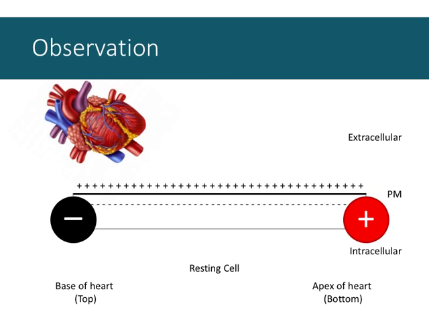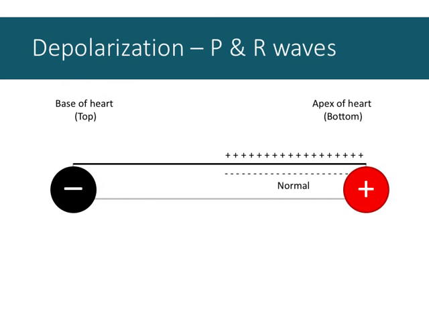Now normally during a lead 2 ECG, depolarization first occurs in the P wave, and then the major depolarization occurs in the R wave, the R aspect of the QRS complex. And those represent the depolarization of the atria and the ventricles, respectively.